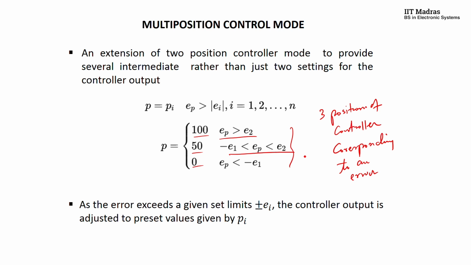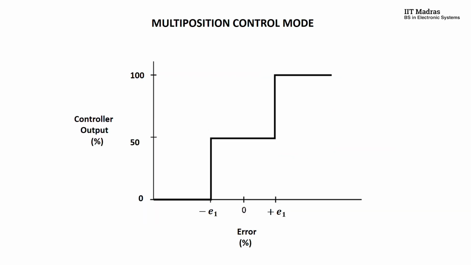If you look at this plot, you have the control output and the percentage of error. From this plot, we can ascertain that if the error stays in the range of plus or minus E1, you have a control output of 50%.